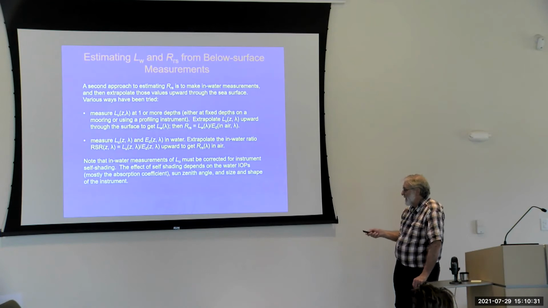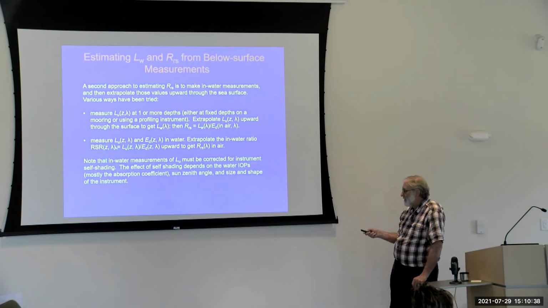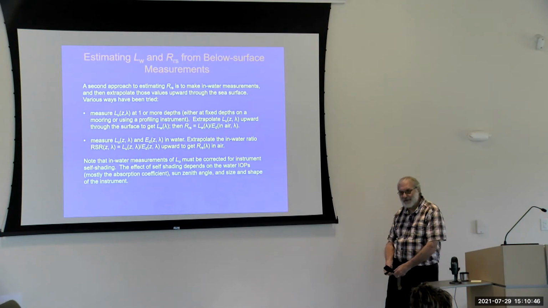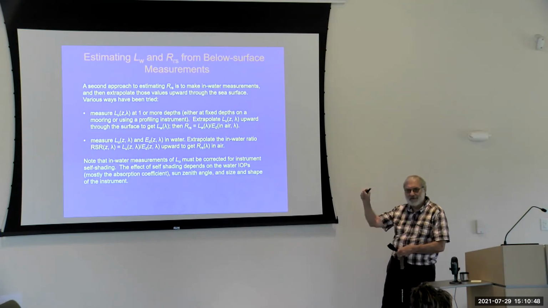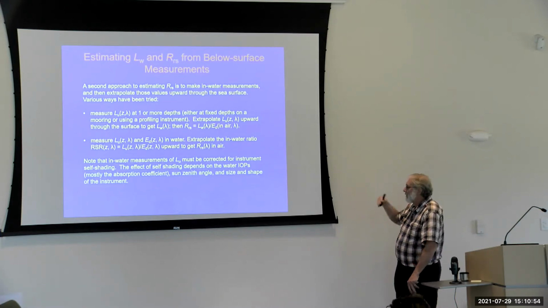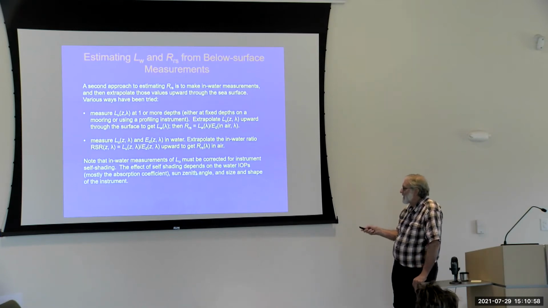So as I just said here, you can measure Lu or Ed in the water, and you can come up with a ratio. It's basically remote sensing reflectance, except it's in the water, and you can try to extrapolate that upward. You can try to extrapolate an Lu upward and get it through the surface and get an Lw, and then you have an Ed measurement above the surface. Well, maybe you can pull that off, but like Emmanuel said, you get self-shading.